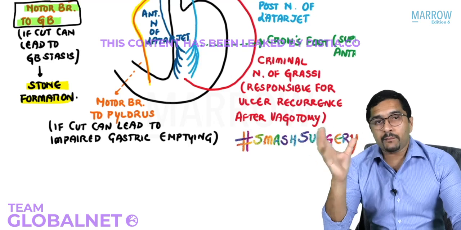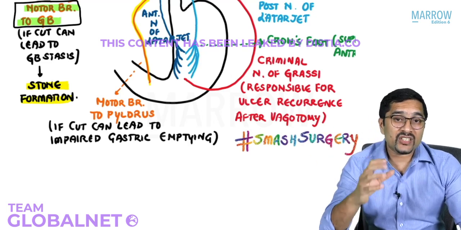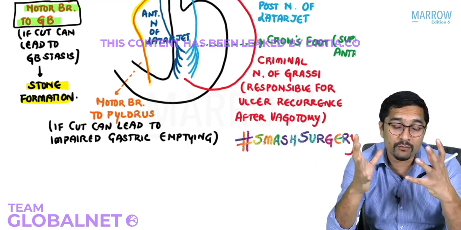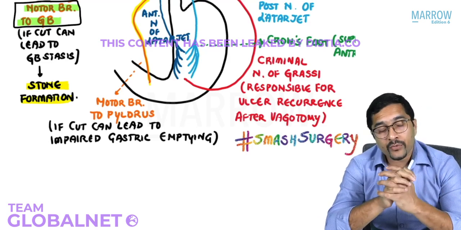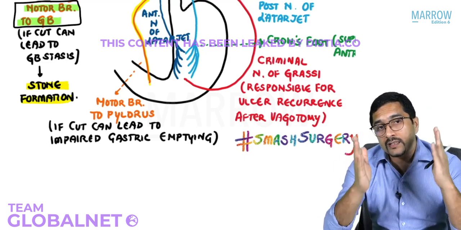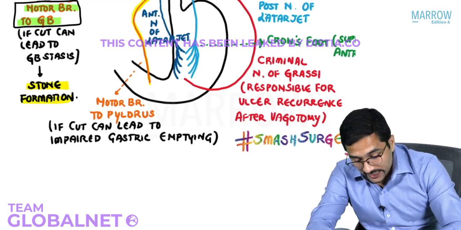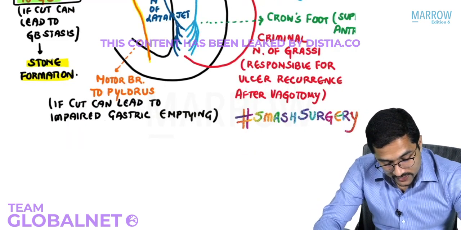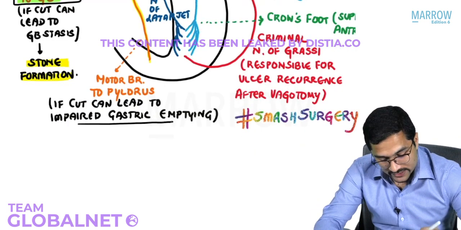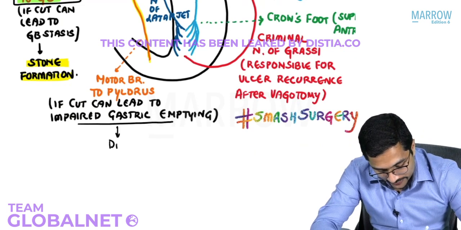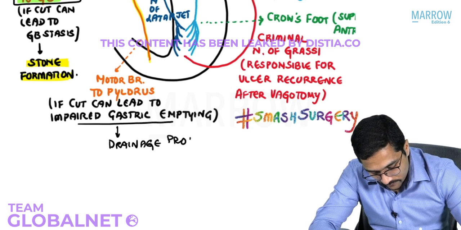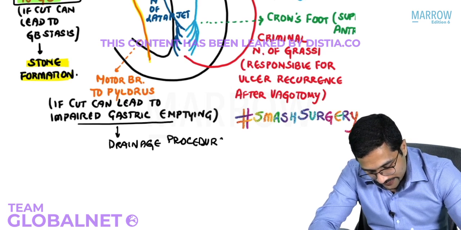Now, if we cut the pyloric branch, there will be gastric stasis, right? Food will accumulate inside the stomach. So if we cut this branch, this can lead to impaired gastric emptying or stasis, and that is why we have to carry out a drainage procedure, so that food does not stagnate.